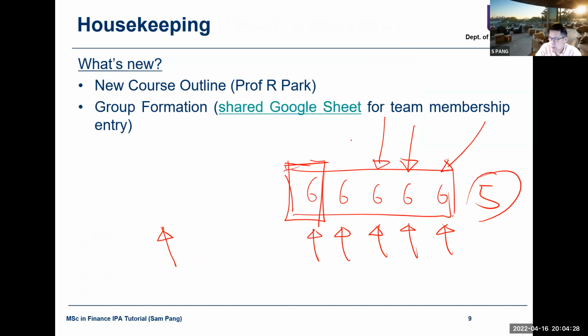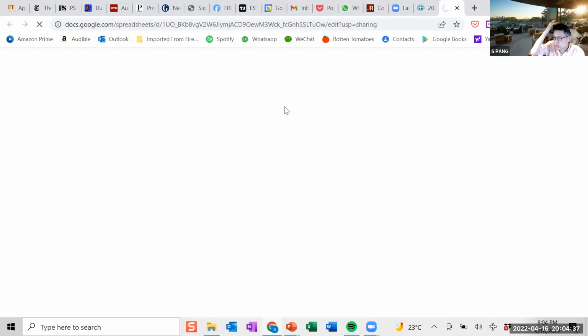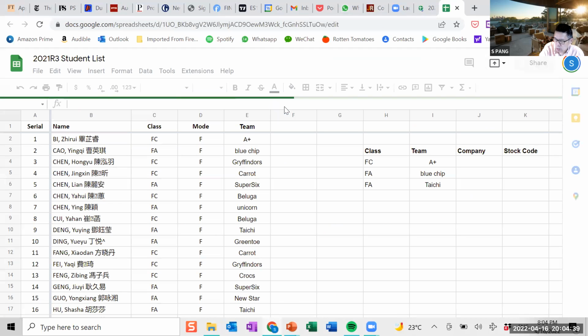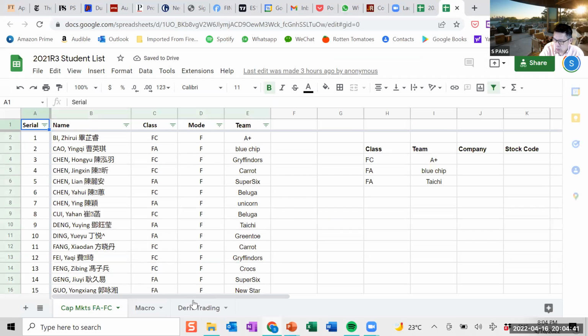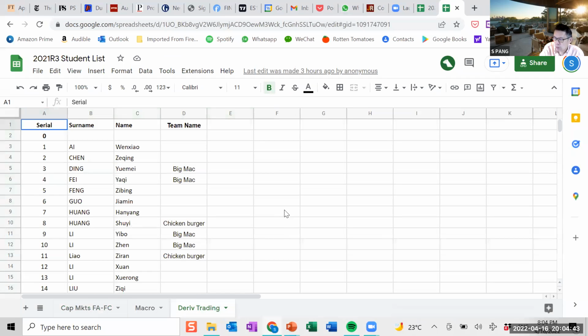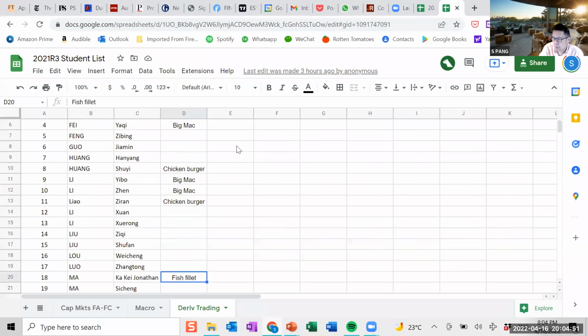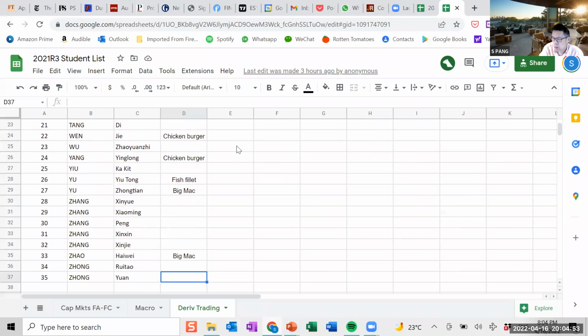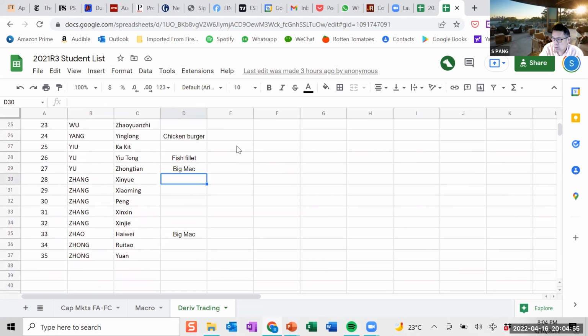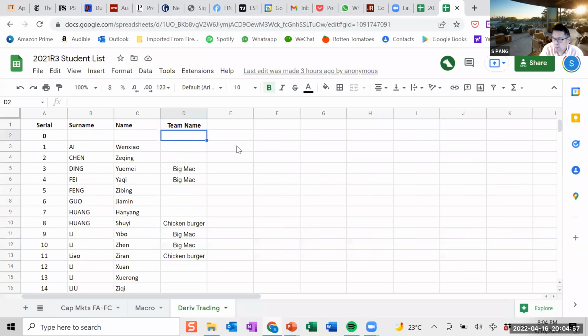Then there's one thing to remind you. If you go over to the Google Sheet, there is one for derivative trading, which is your class. You are supposed to form teams, and I can see that some people have.